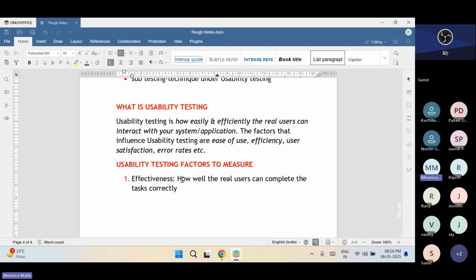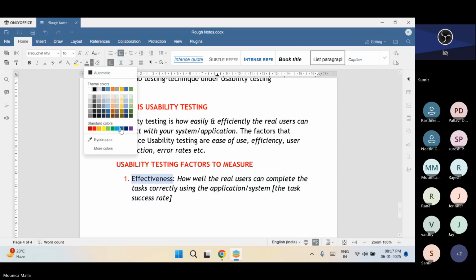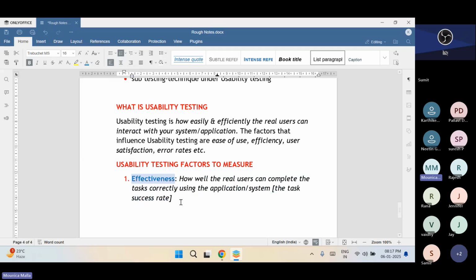How well the real users can complete the task correctly using the application, meaning your system. In other words, a simple way of defining it is the task success rate, not the failure rate. Okay, so this is nothing but the definition of effectiveness. Now let's take some example here.